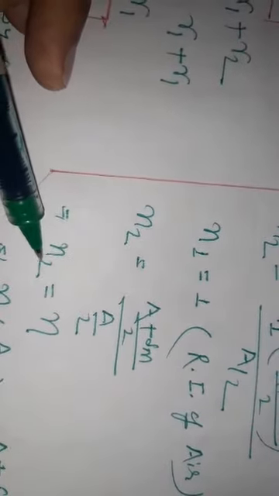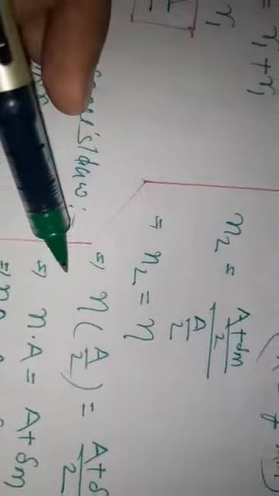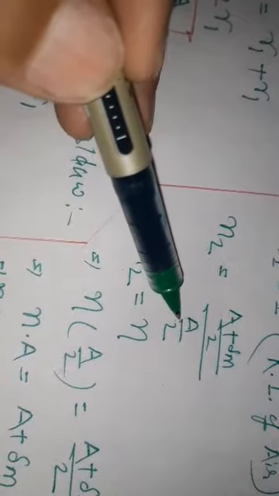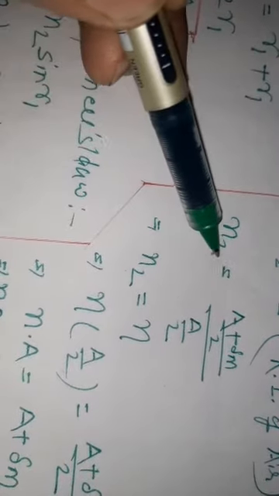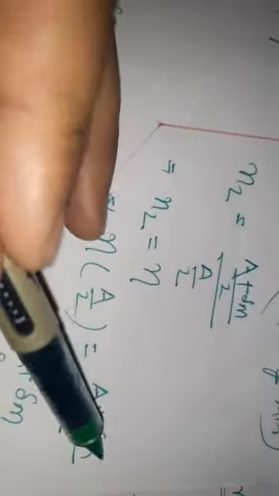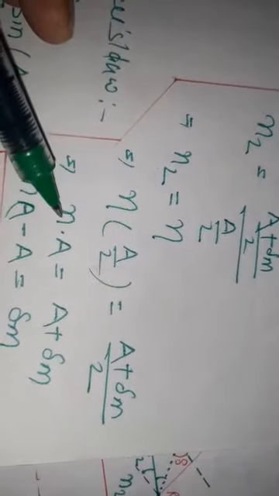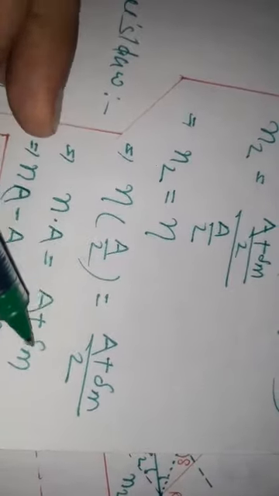Let us consider the refractive index n2 of the prism equals n. So n, cross multiplying this term with n2, it becomes n into A by 2 equals (A plus delta m) upon 2. So this 2 and 2 will cancel out, so we have n into A equals A plus delta m.